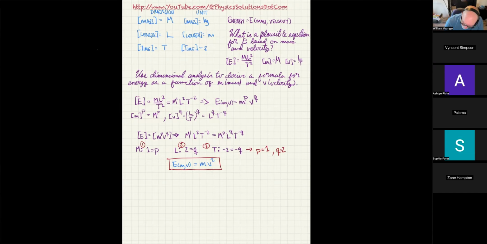What we do know, by the way, is that kinetic energy is equal to 1/2 mv squared. So we were just off by a factor of a pure number, 1/2. But there's also Einstein's famous E equals mc squared. And in that case, we got it right on the money. So that's how awesome dimensional analysis is. Anybody have any questions on that?